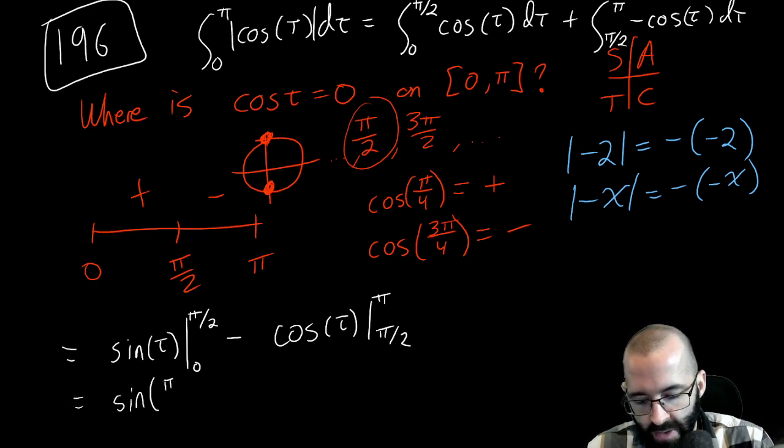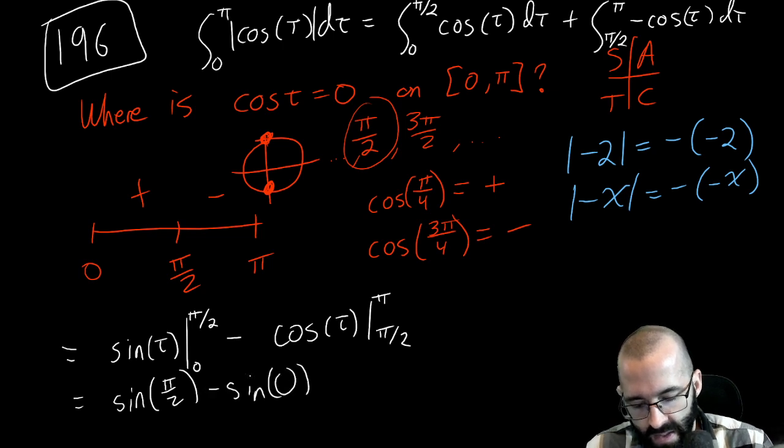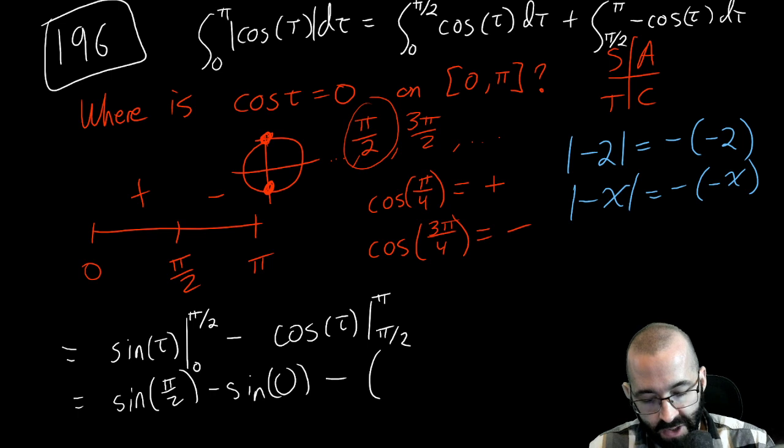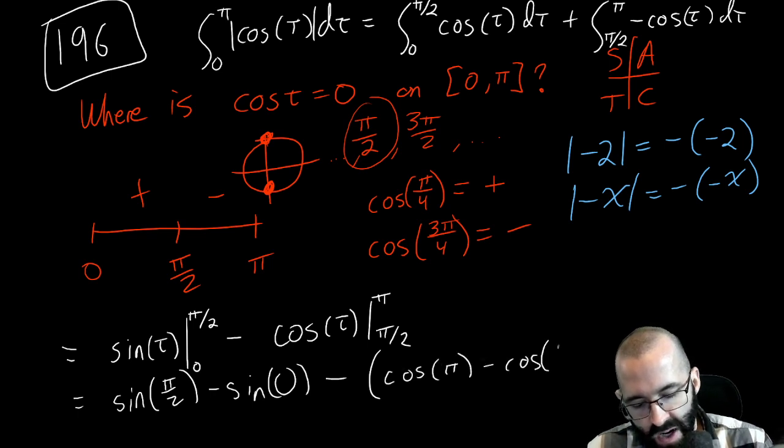That'll give us the sine of pi over 2 minus the sine of 0, minus, let's make sure to use parentheses, cosine of pi minus cosine of pi over 2.